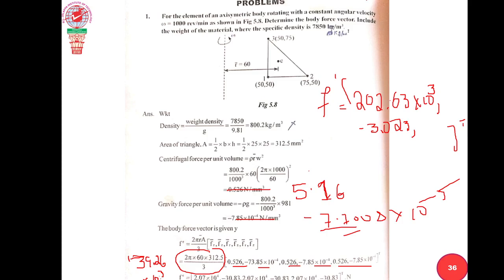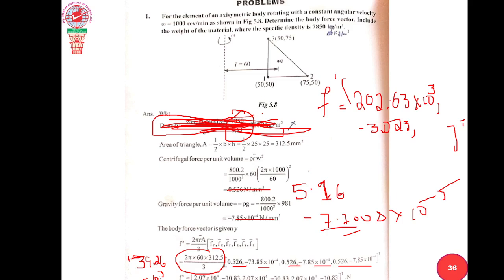Here I see a mistake, that's why I was confused. Here they again multiplied by 9.81, which is not needed. It is 202.63 into 10 power 3, comma, minus 3.023, and again the two values will be repeated, in terms of Newton.